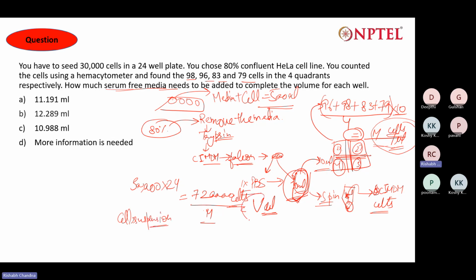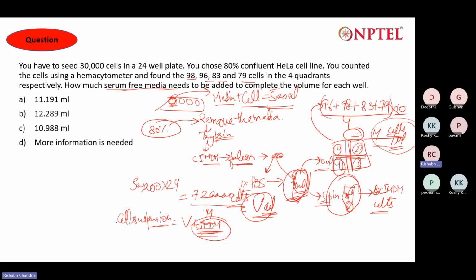Okay, so this V microliter from this particular 10 ml culture, we'll add in this, and then we have to add IMDM. Now how do we calculate the volume of CIMDM that we are using? We have to calculate the volume of CIMDM that we have to add in the final suspension. I told you that each well will have 500 microliter of the culture, like media plus cell suspension.